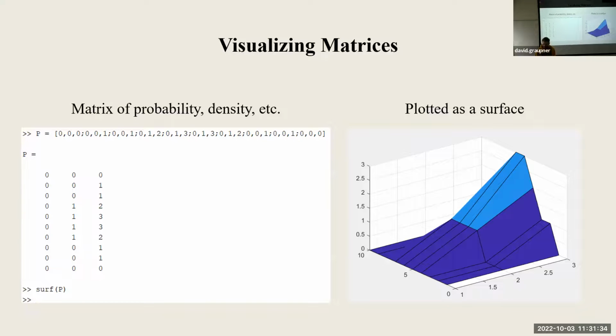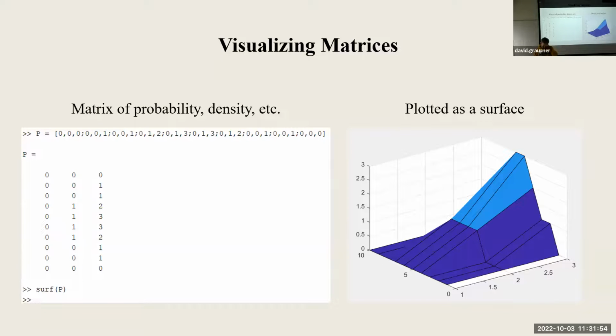So then I also wasn't sure exactly what he meant by visualizing matrices. I thought you could have some matrix of probability or some matrix describing density, like electron density or surface density or whatever it is.